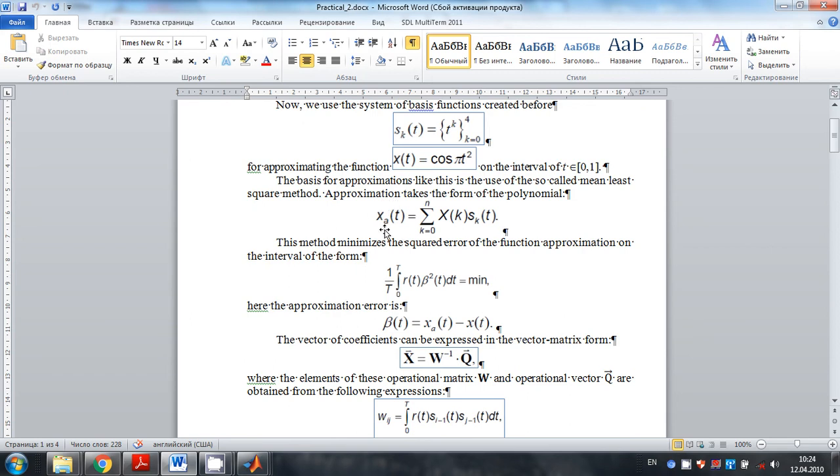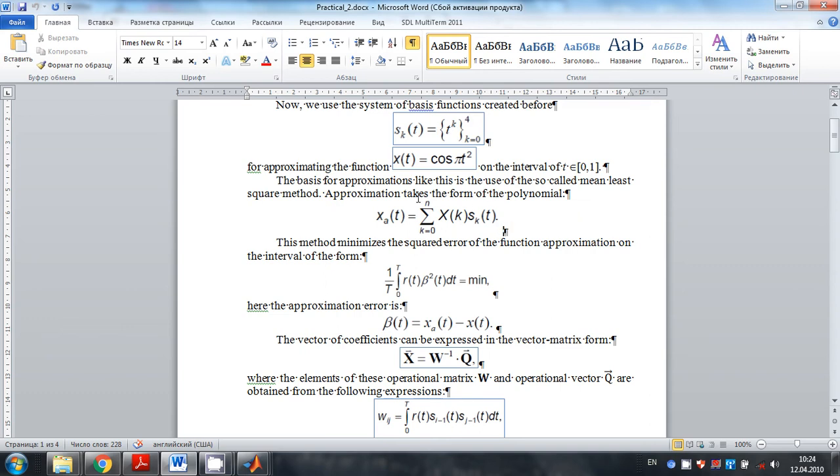So the recovery of the signal from its basis functions can be generated as this polynomial, where we just sum up all these basis functions, but prior to summing them up we multiply every basis function by a corresponding coefficient x sub k. K stands for the number of the basis function. K runs from 0 to n. In our case it runs from 0 to 4. We've got 5 basis functions. So we just need to generate a system which would simulate the operation of this simple equation.